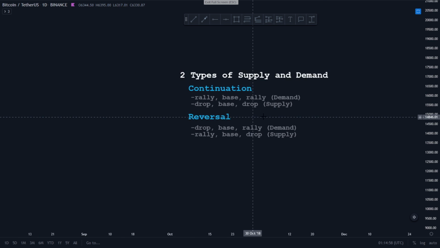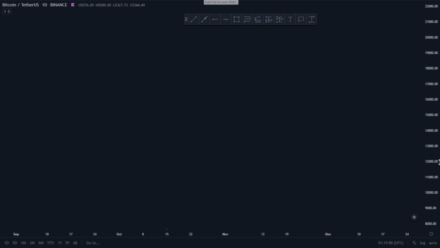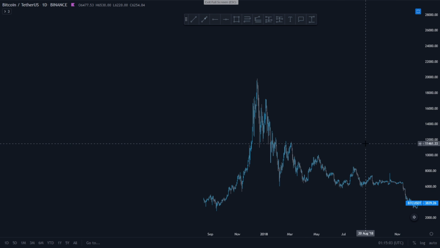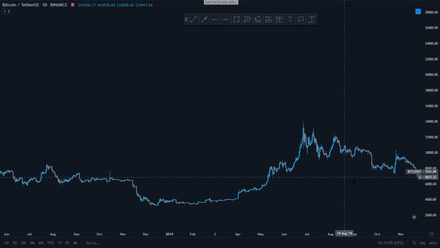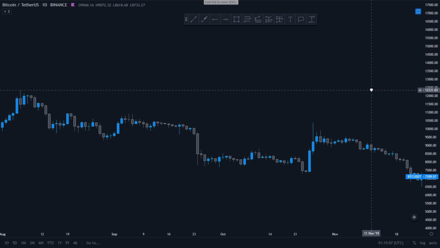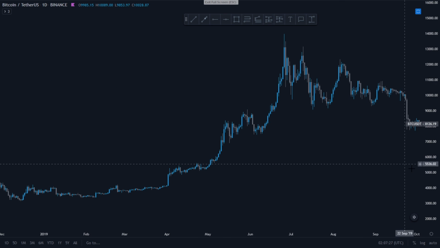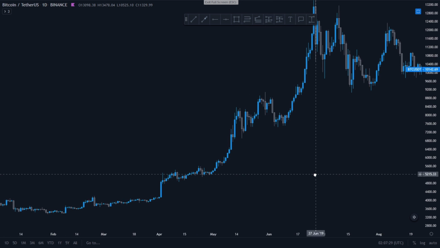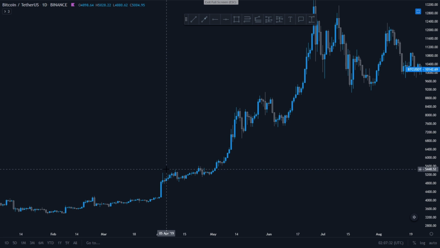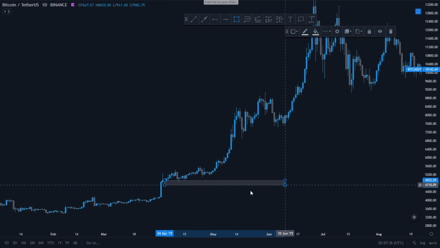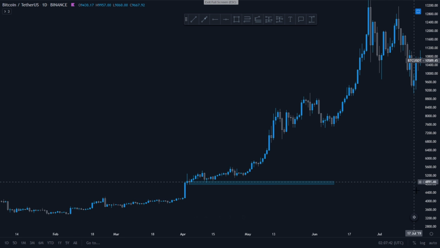Let's zoom out a bit and look how we can draw demand zones on the BTC chart here, for example. Let's start here. We have a rally, a base, so we can draw our demand zone here, right guys? Pretty clear.